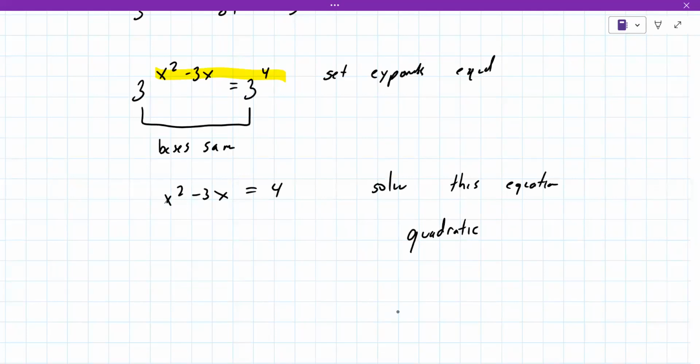And there's a number of ways to solve quadratics. Do you remember any of them? Well, we could square root. Okay, some of them can be square rooted. This one would not be possible because there's 2 x's. You'd have to complete the square first. Do you remember anything else besides the square root property?